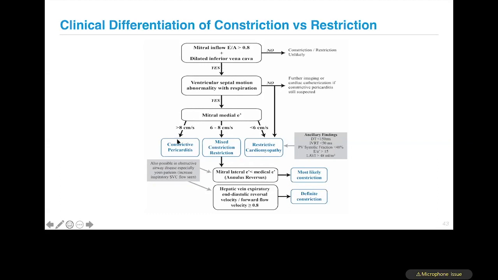However, if you look into some of these features, presence of elevated filling pressure, so this is not necessarily a restrictive filling pattern, this diagnosing the presence of either pseudo-normal or restrictive filling pattern, dilated vena cava, abnormal septal motion, and then abnormal mitral E velocities, then it's restrictive cardiomyopathy. If it is normal, that goes towards constriction. And that helps us further to be substantiated with the presence of hepatic vein expiratory flow reversal. That really helps us clinch the diagnosis of constrictive pericarditis.